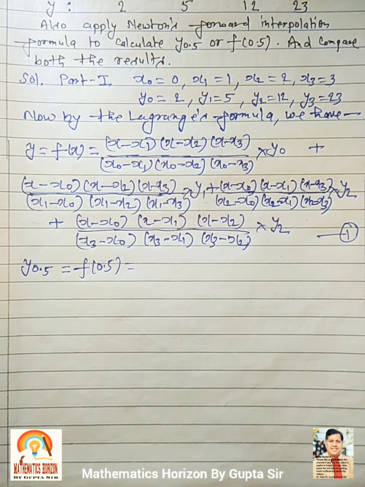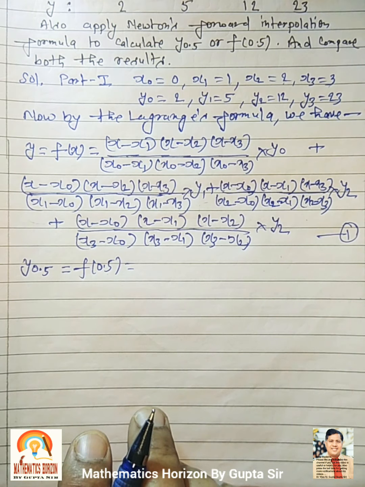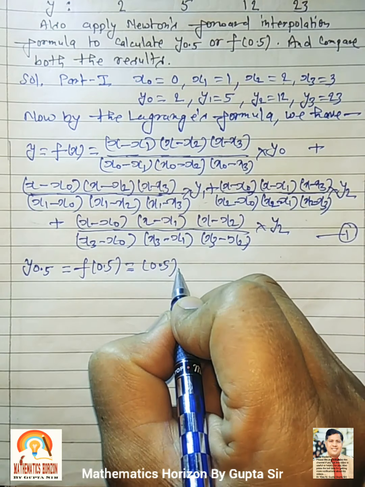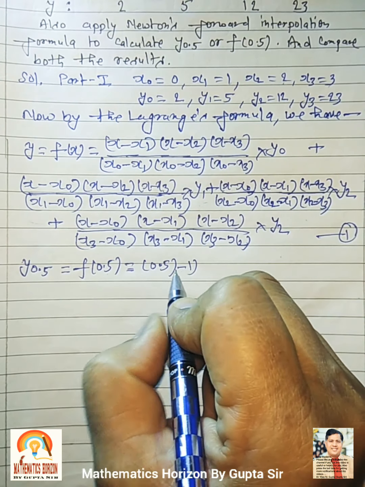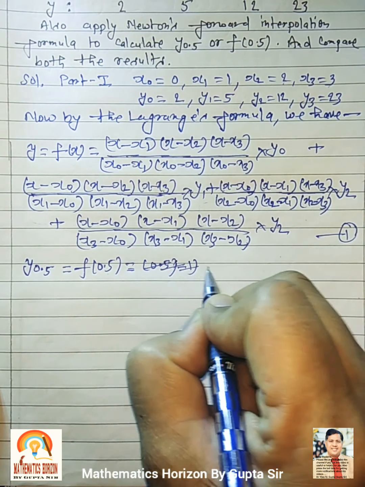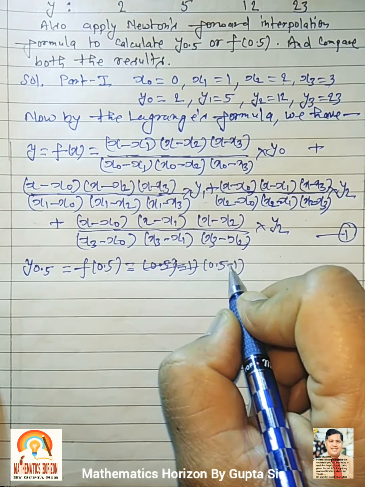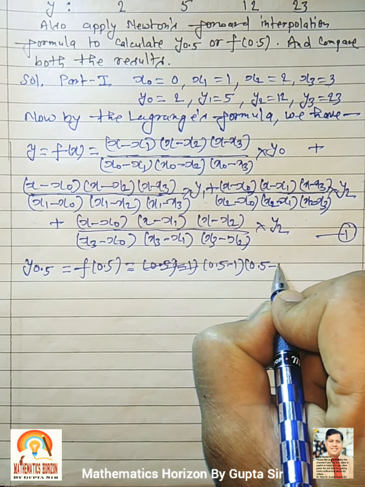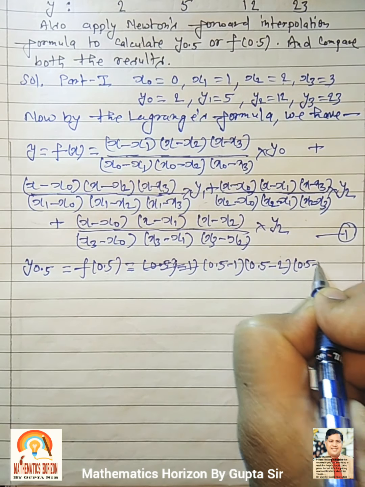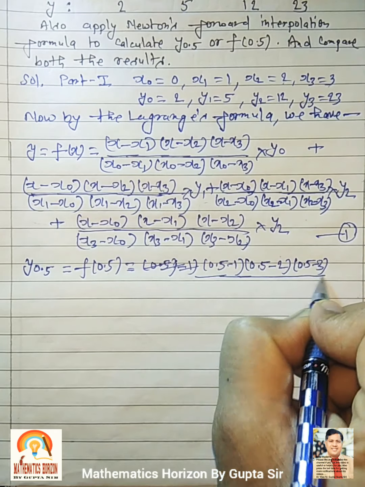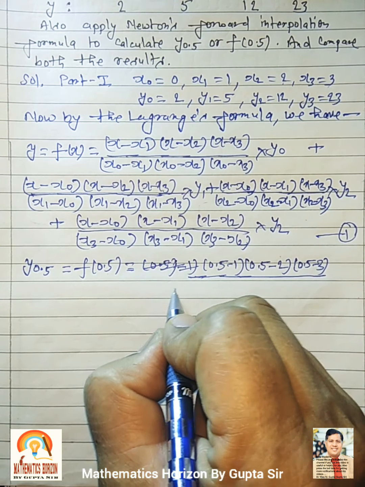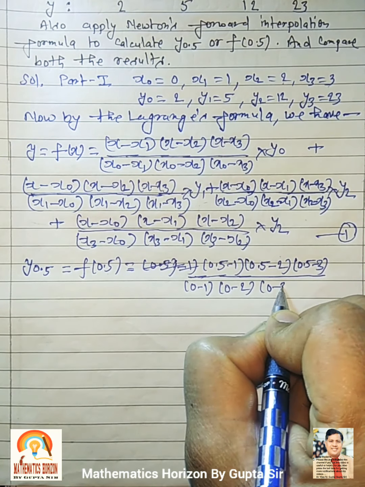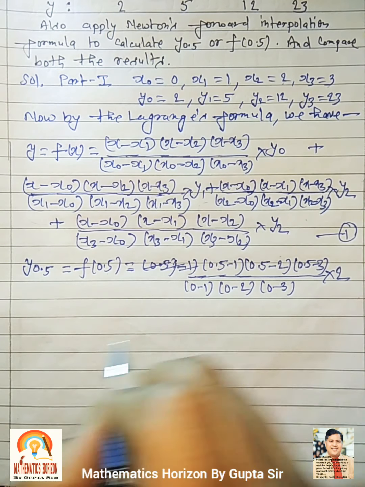Okay, what we have when we put all these values, that is (0.5 minus 1)(0.5 minus 2)(0.5 minus 3) upon (0 minus 1)(0 minus 2)(0 minus 3) into 2.